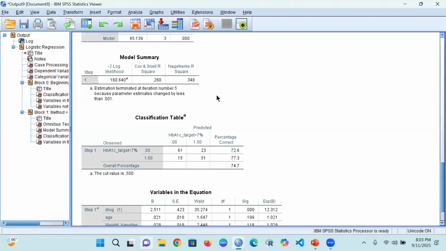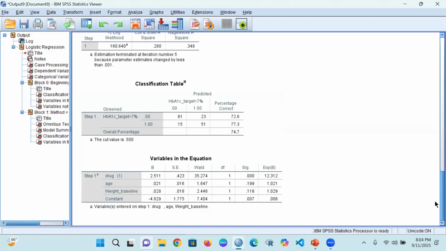So in summary, after adjusting for age, sex, and baseline, patients on the drug were over 160 times more likely to achieve HbA1c less than 7 at 6 months compared to placebo. Baseline HbA1c also strongly influences treatment success, while age and gender did not influence it, going by the significance.